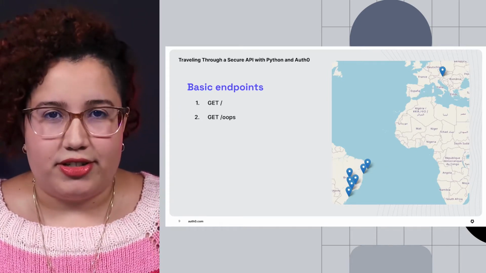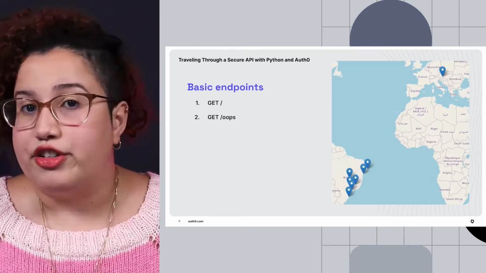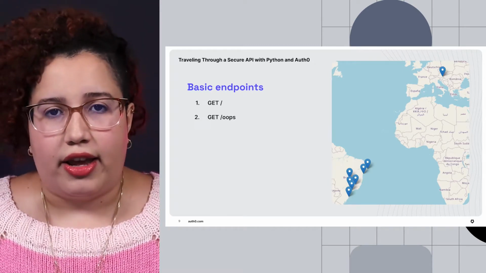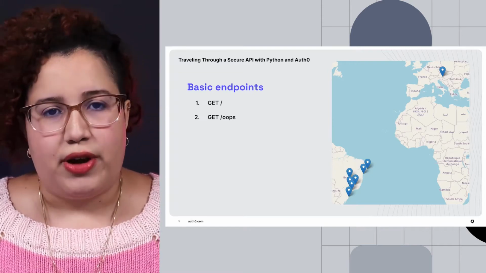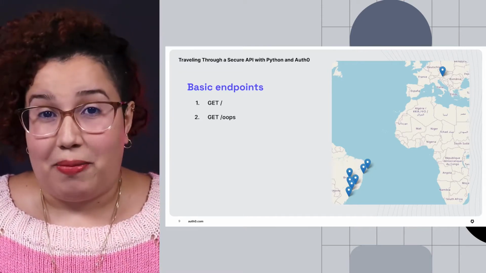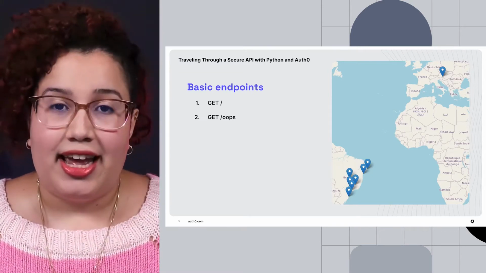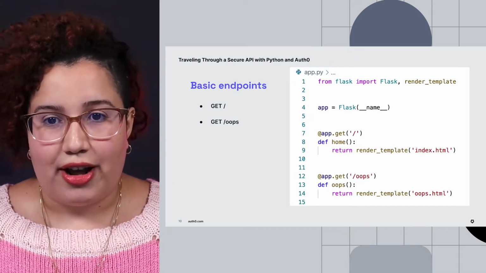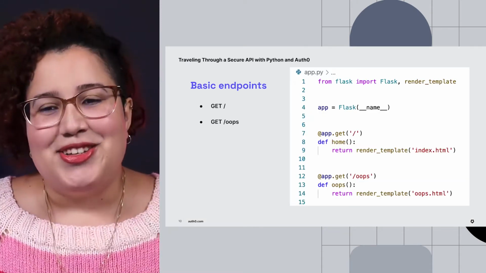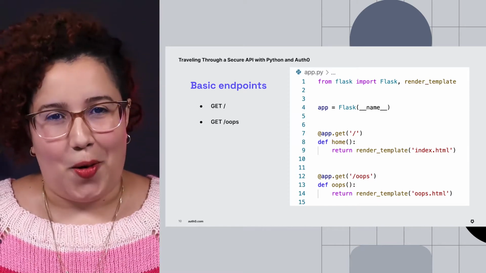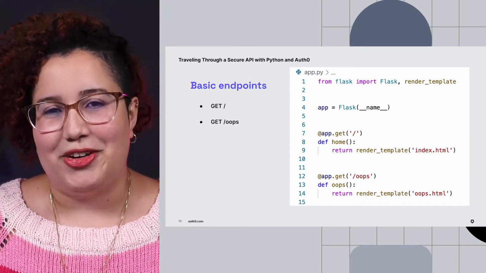Now, you may be wondering, if you don't know Python, if you don't know Flask, how does that look like? How many lines of code is that? Do I have to build a very complex code to start? And the answer is no, actually you don't. So this is what my home endpoint and my oops endpoint look like.